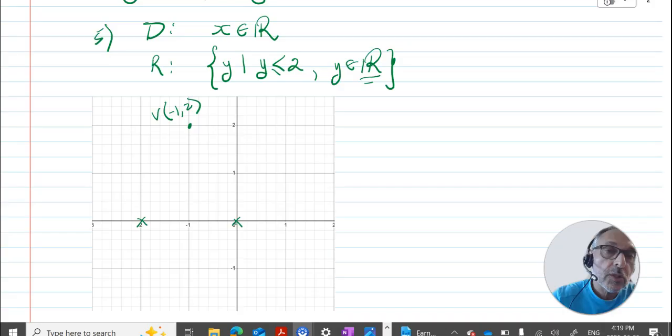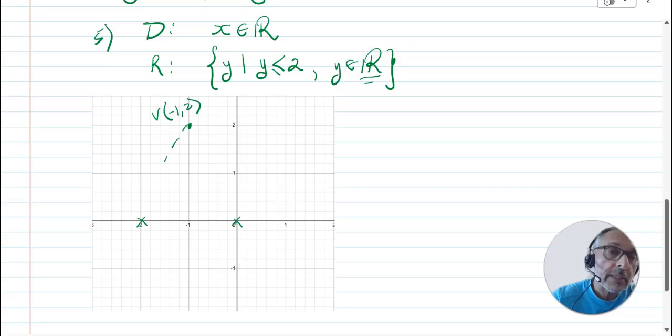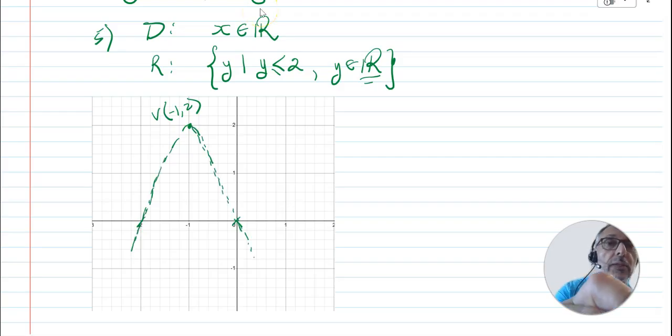Now, we could make it really accurate and come up with a couple more points by plugging values in there. I do suggest that you choose a couple more points somewhere in between -2 and -1, and -1 and 0, halfway in between or something like that.